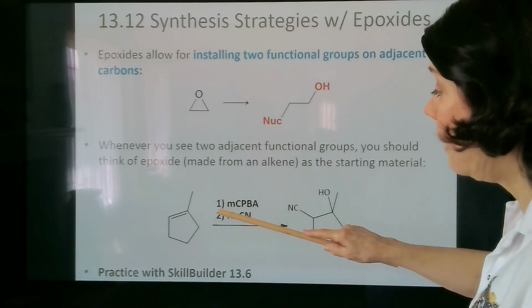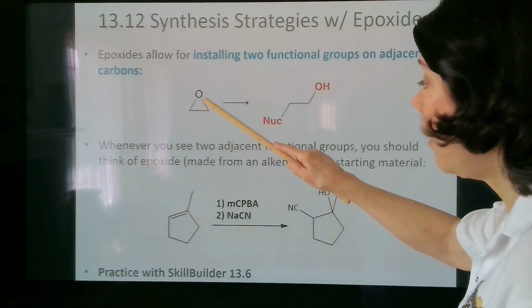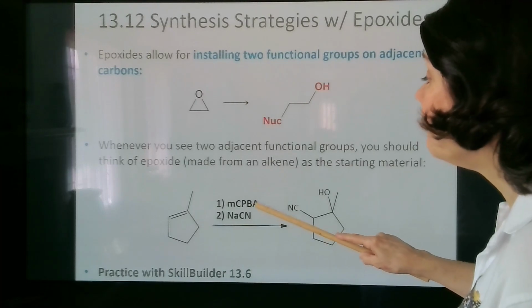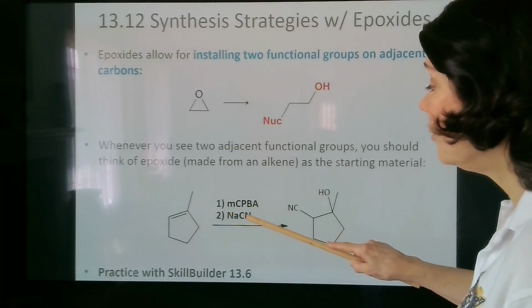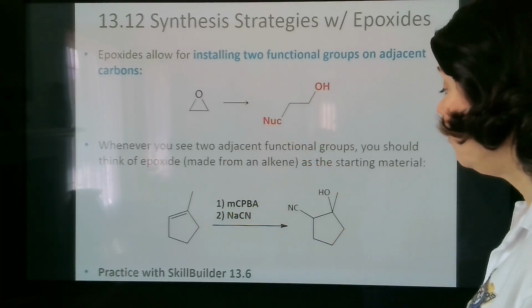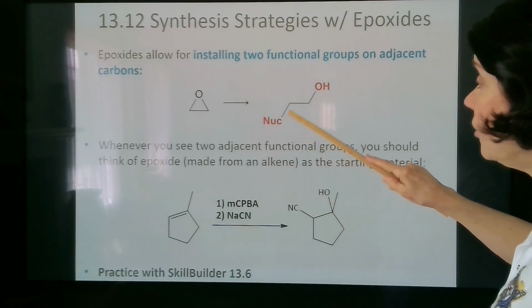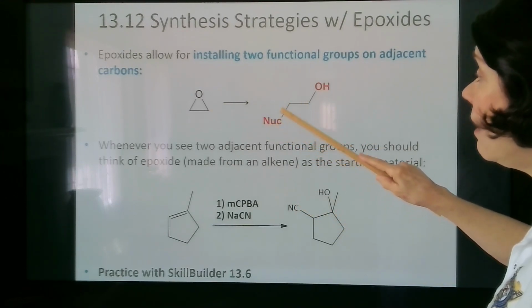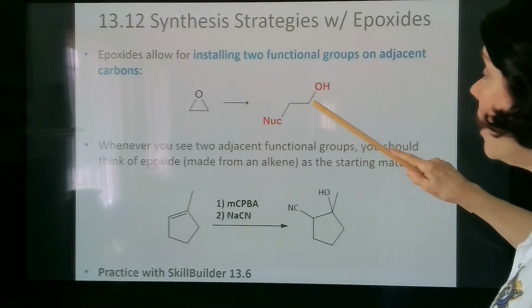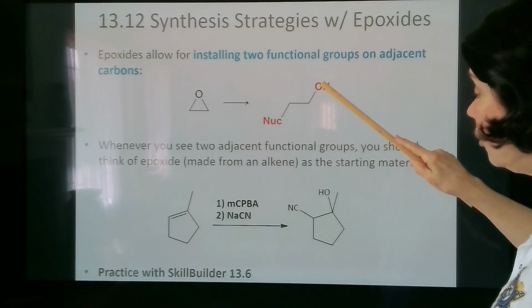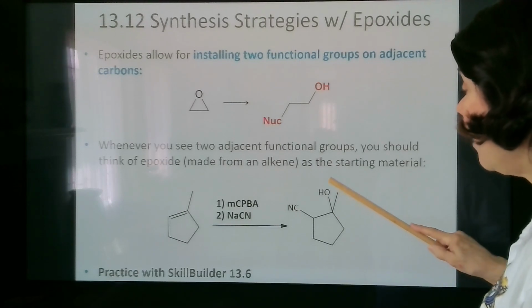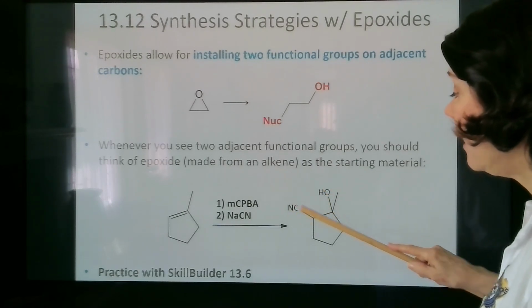So for example, here you would make the epoxide using MCPBA, and then the cyanide could function as the nucleophile, and it will open up the epoxide. And so you would get a cyano-carbon bond formed and a carbon-oxygen bond formed. So you have the alcohol substituent and the cyano group.